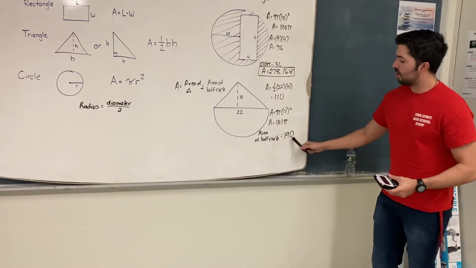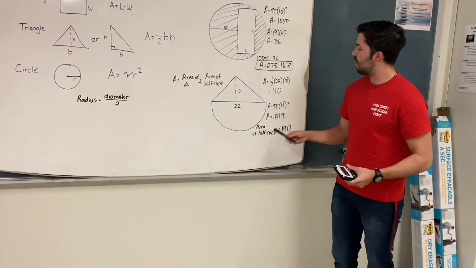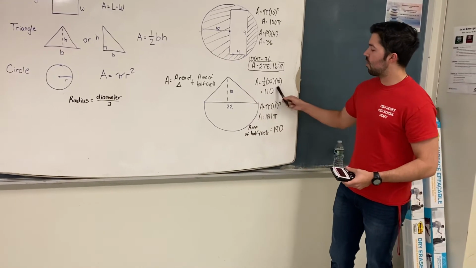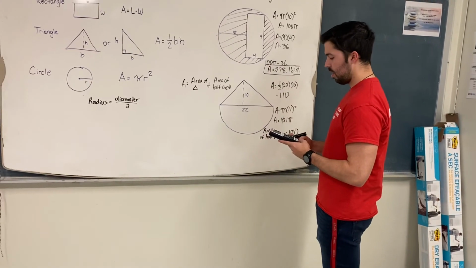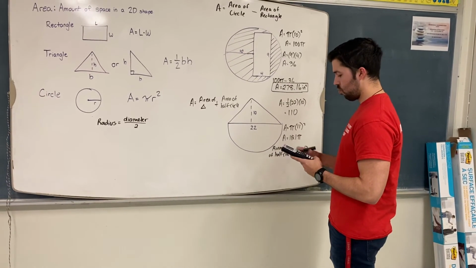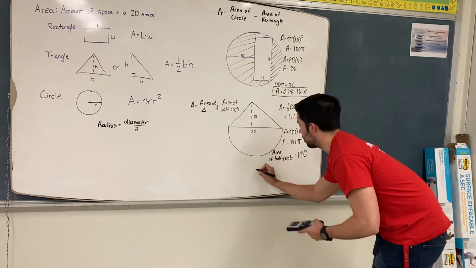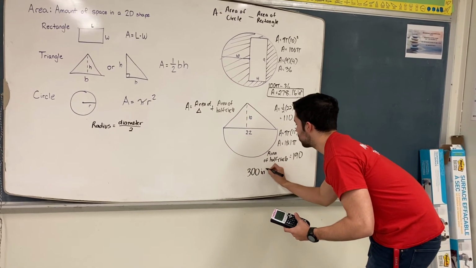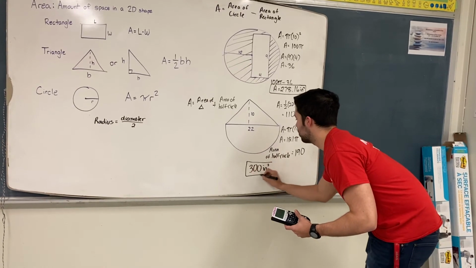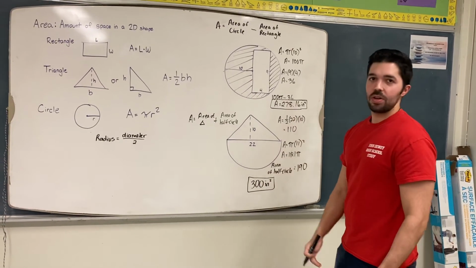All right. So this is the area of this half circle. This is the area of the triangle. You add them two together to find the area of the entire thing, and you get about 300. Wow, nice clean number. And again, let's make it inches squared for area. All right. If you guys have any questions, just let us know.